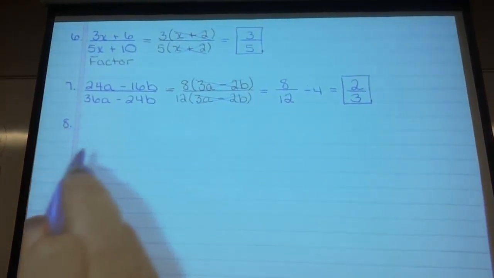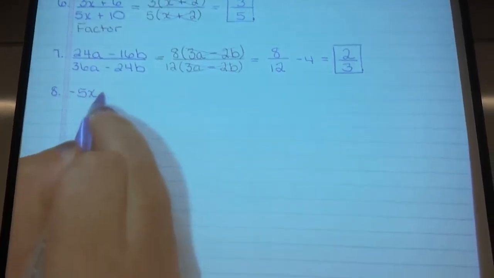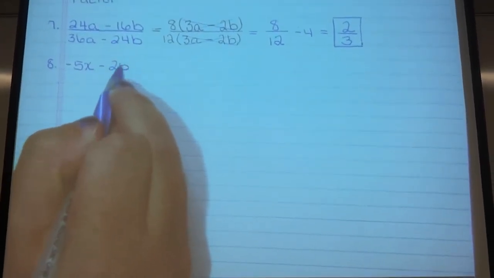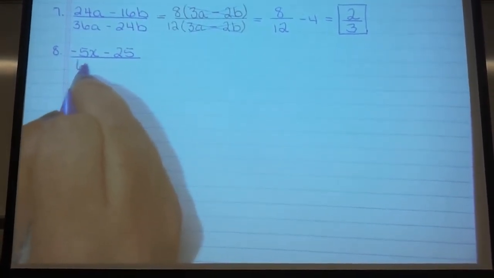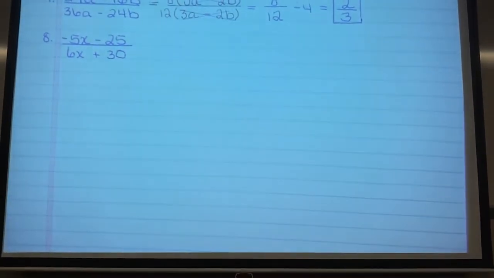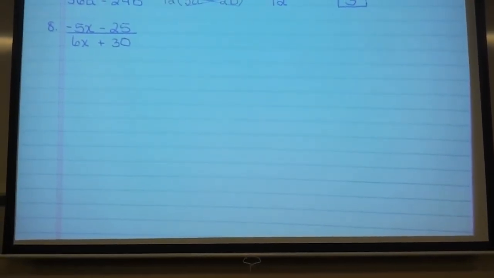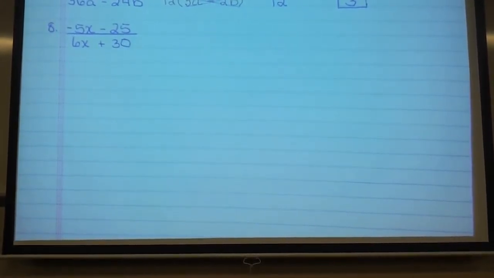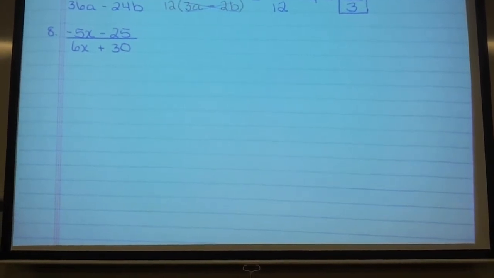Okay, let's try one like this. Negative 5x minus 25 over 6x plus 30. On the top, what's your common number? 5.